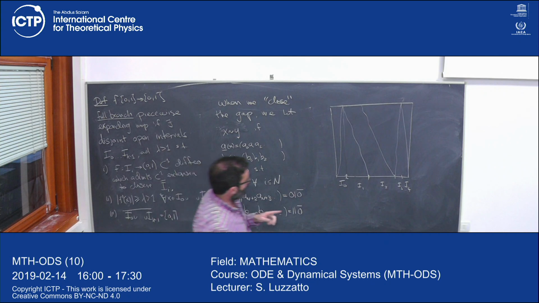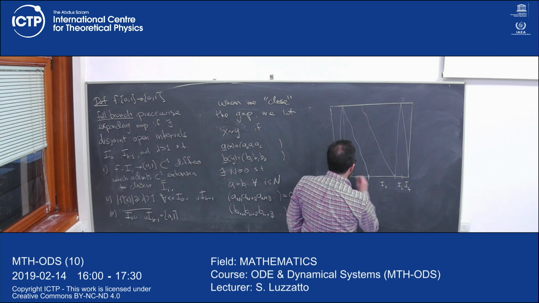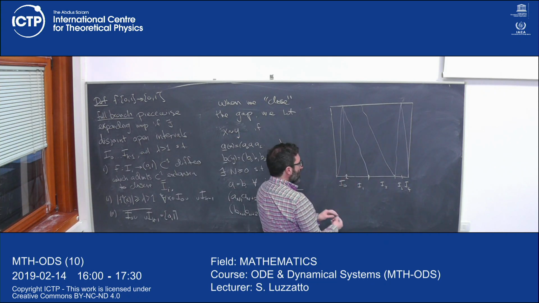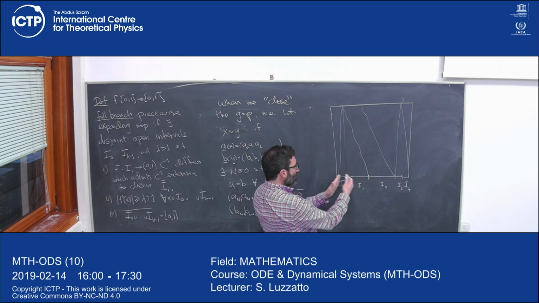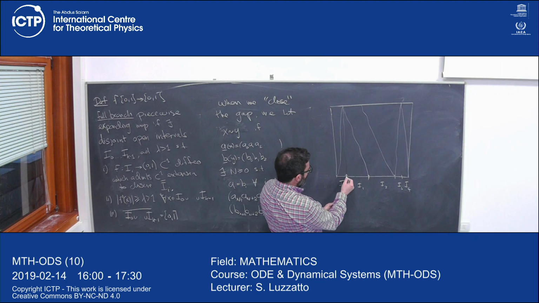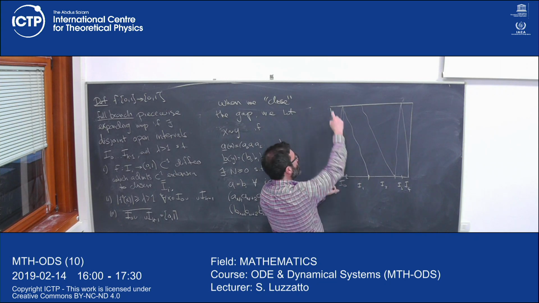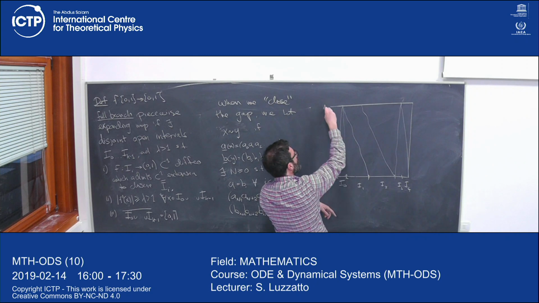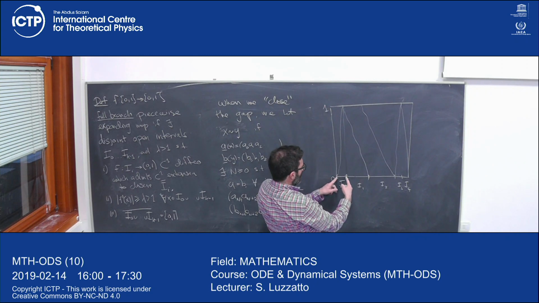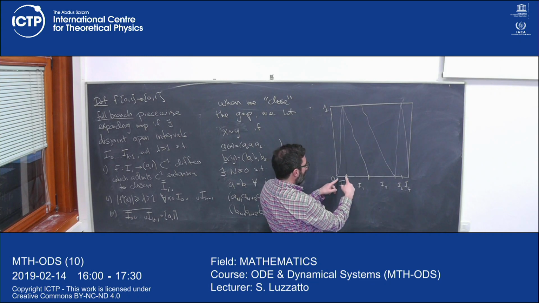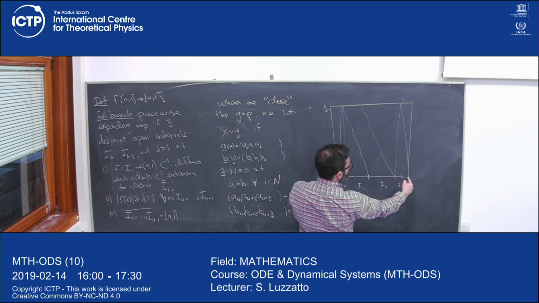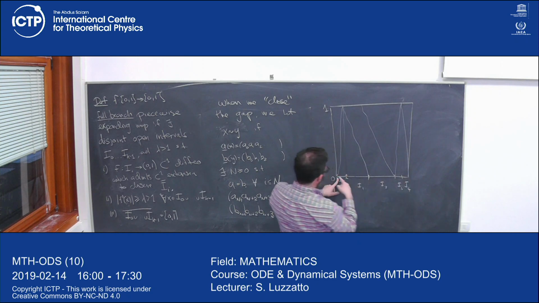If you imagine the gaps, and imagine these two points as separated, then the way that this maps onto the interval 0, 1 is that this endpoint maps to 0, which is a fixed point, and this endpoint maps to 1, which again maps to 0.